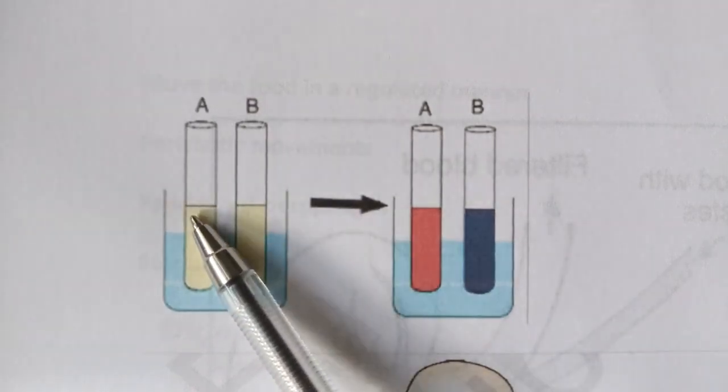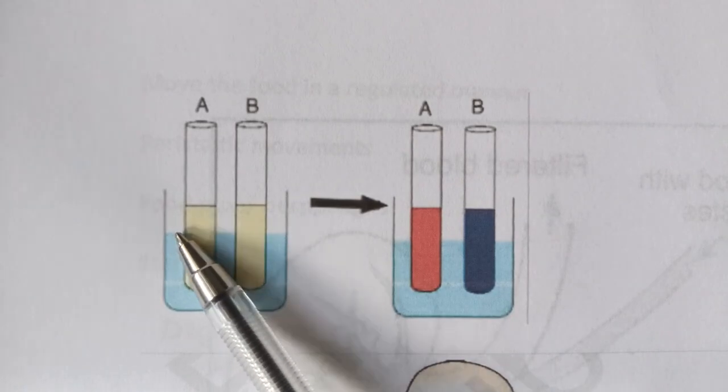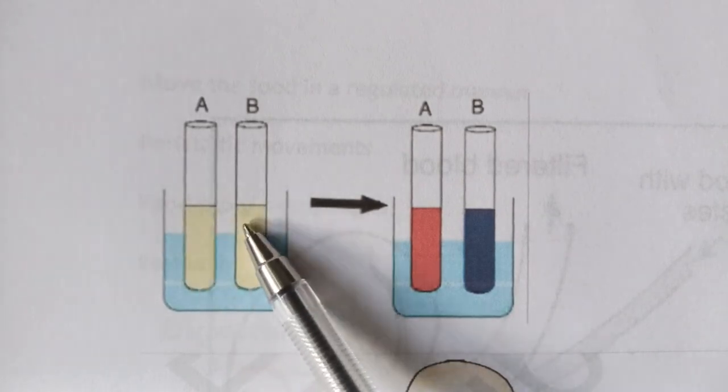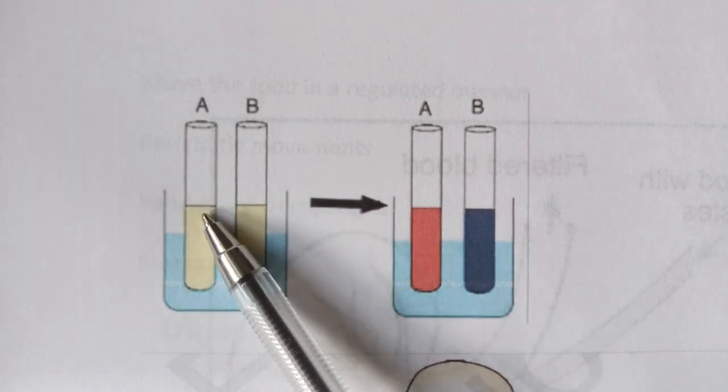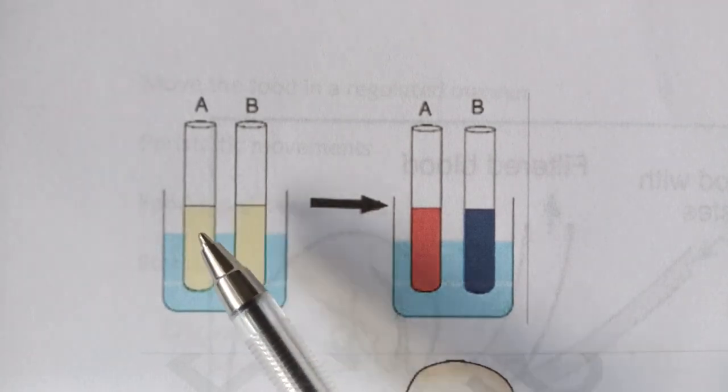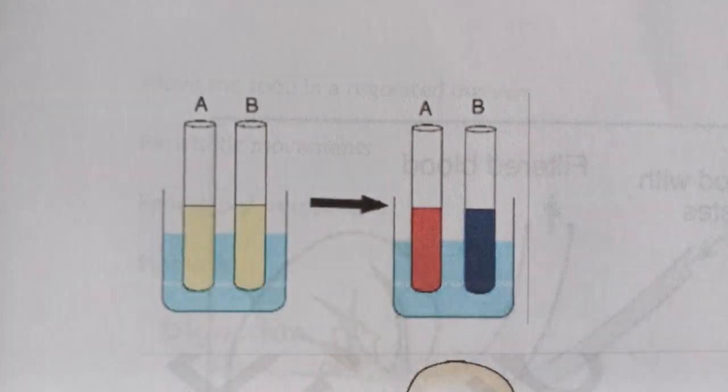So one has saliva and starch solution, the other has only starch solution, and then you add iodine drops, and they ask what will be the color of the solution in the test tube.